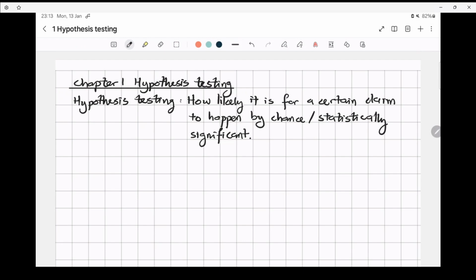The claim is called a hypothesis. Basically, your hypothesis will be your claim.